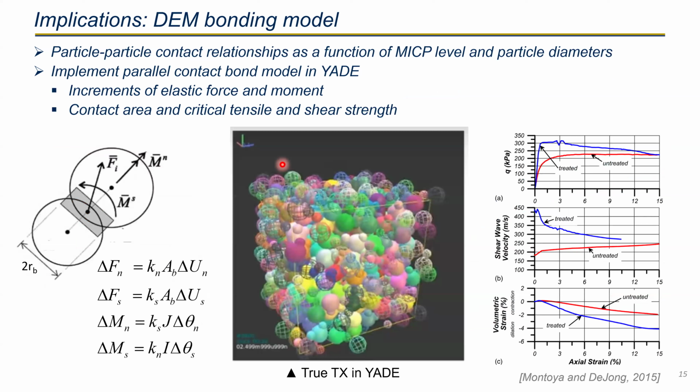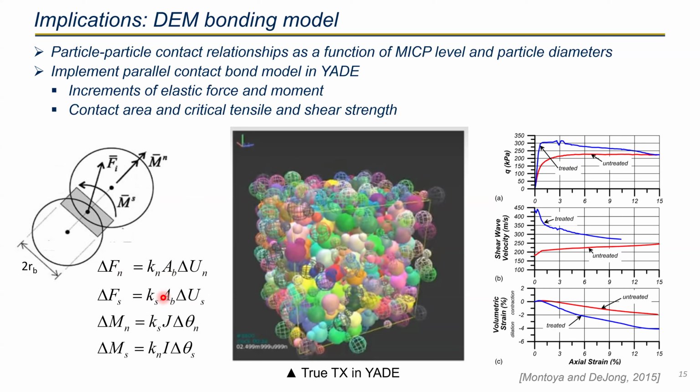So, implications for this study. We are trying to develop the DEM bonding model for the MICP treated sand by using a parallel bonding model. The parallel bonding model transmits the force and the moment in a normal and shear way. And if you look in detail at the parallel bonding model, we need a bonding area for the bonding, which we just measured from our test.